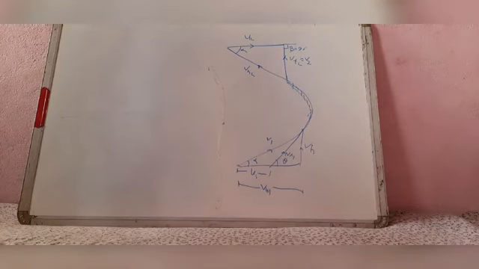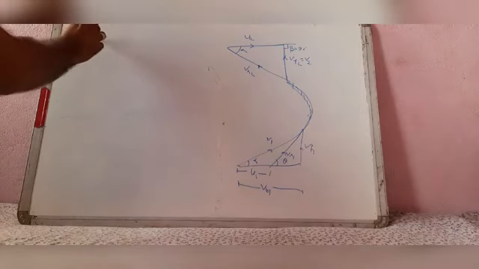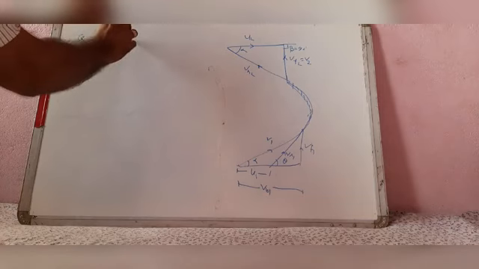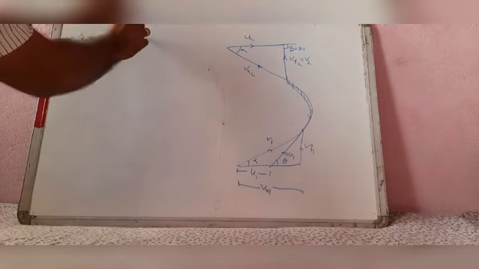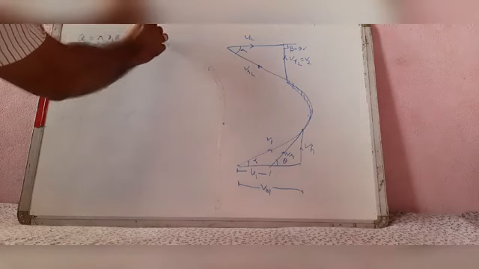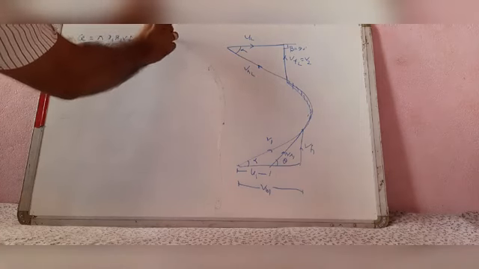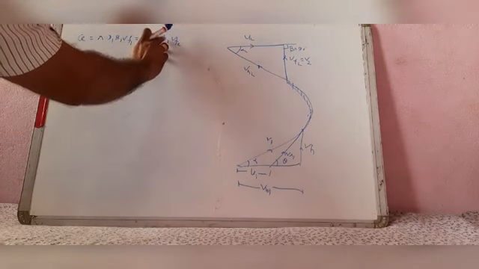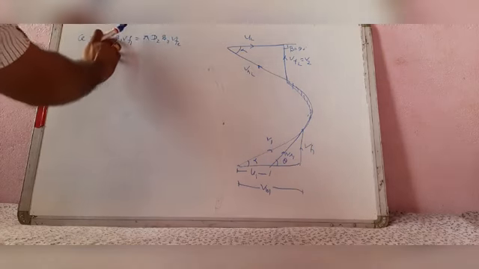Let's discuss the discharge through the turbine, which is given by Q equal to pi d1 b1 vf1 equal to pi d2 b2 vf2. These are b1 and b2, not beta.